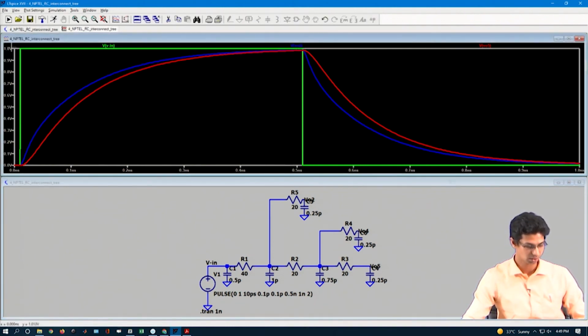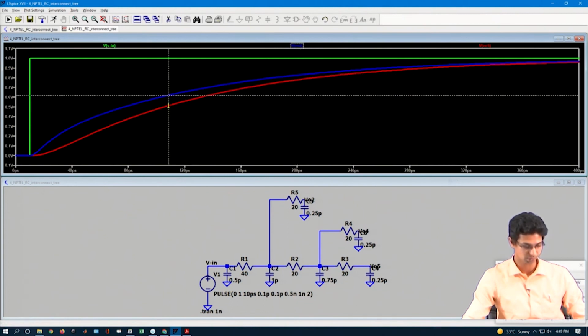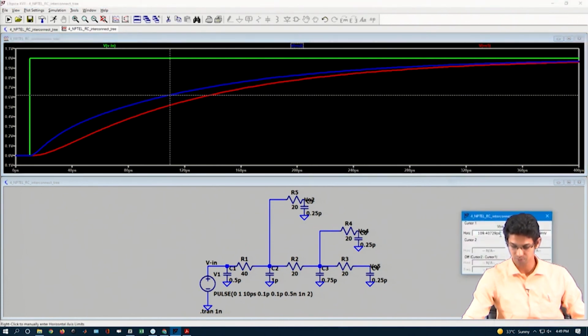Let me zoom in, and if you zoom in again, you can repeat the same process and then compare your delay. In this case, you will find that especially for V out 2, your shape is different, and therefore your 60% delay would be something shifted below the theoretical value.